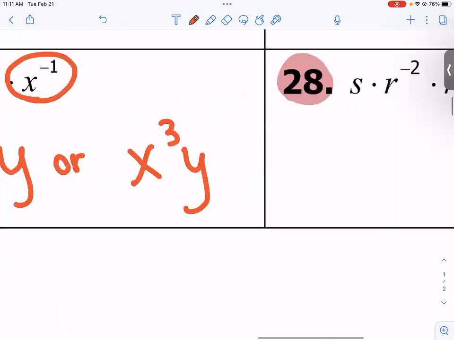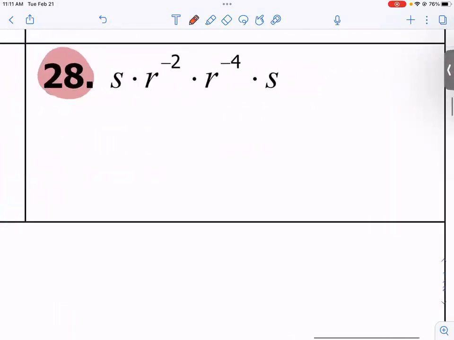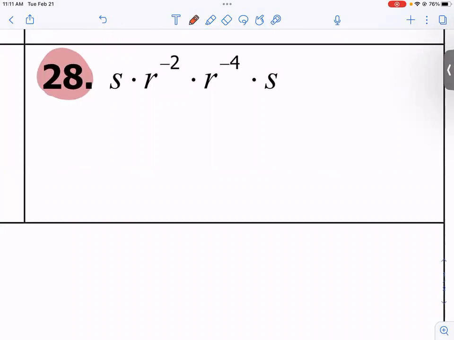All right. And then Arislin, what about 28? What was the first time you added them together, what did you get? Oh, okay. S times R, the -2. So okay, so what happens, isn't this x to the 1st and x to the 1st?